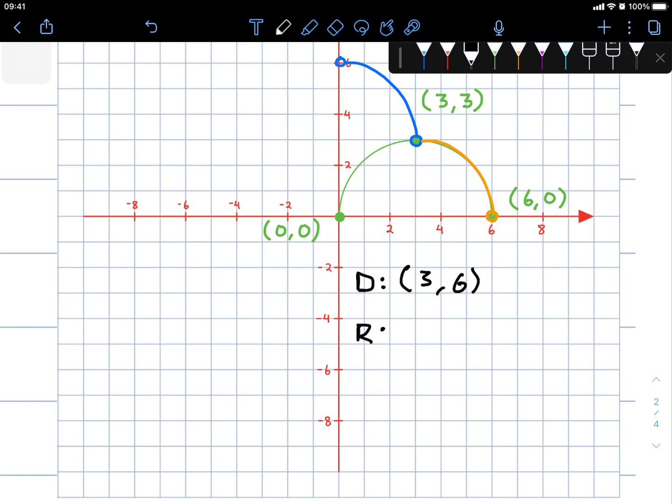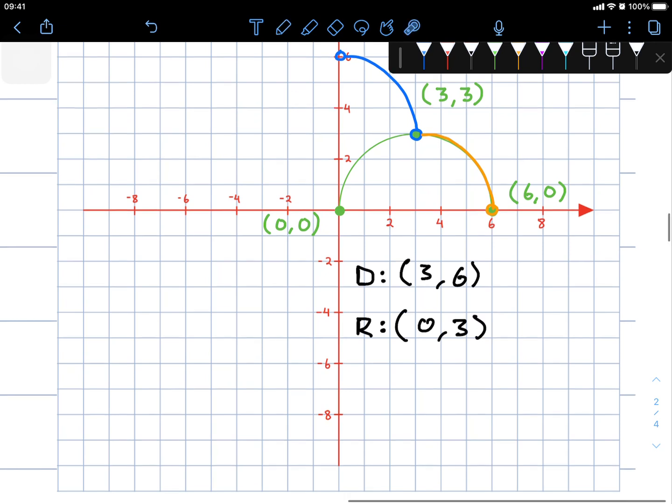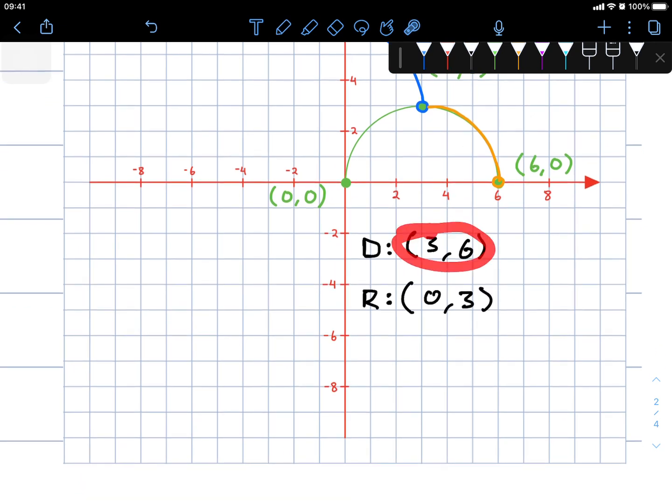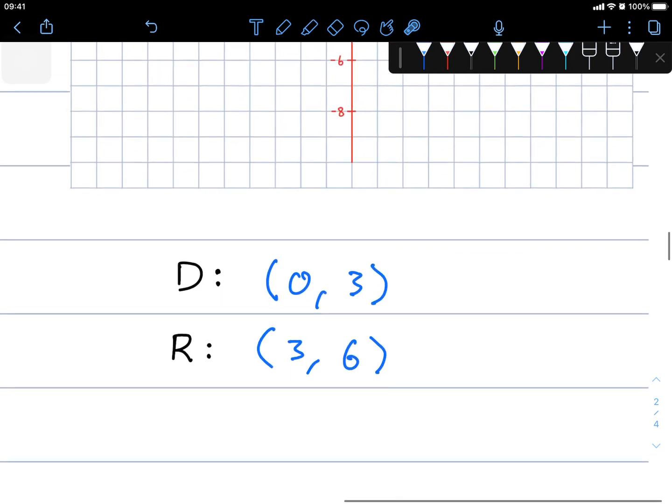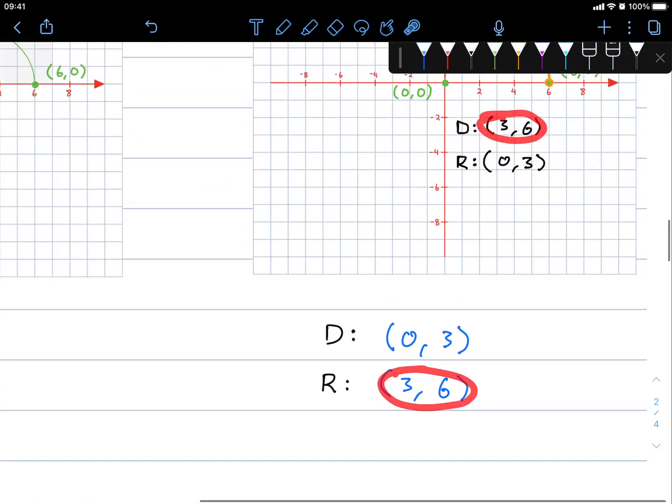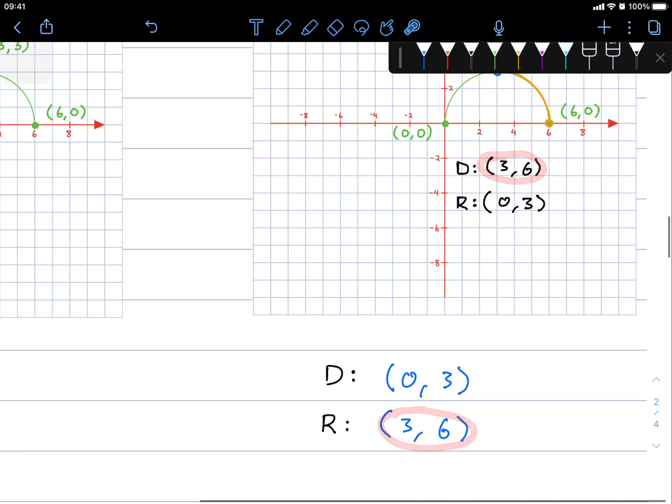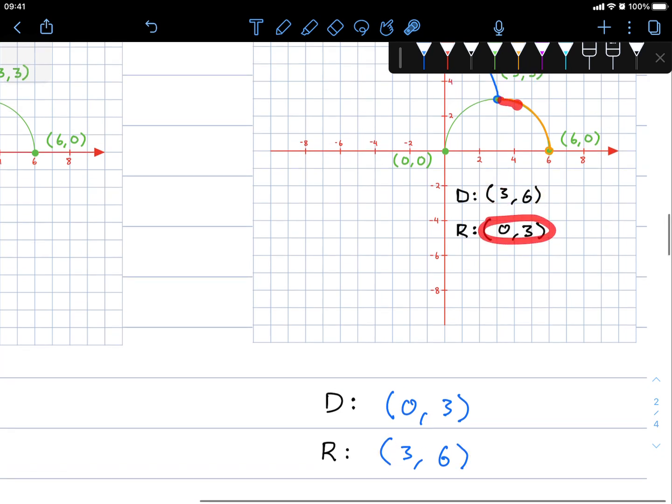And its range starts on 0 and ends on 3. So the lowest value of the orange function is 0, and its highest is 3. Note how the domain of the orange function has become the range of its inverse. And the range of the orange portion is the domain of the inverse.